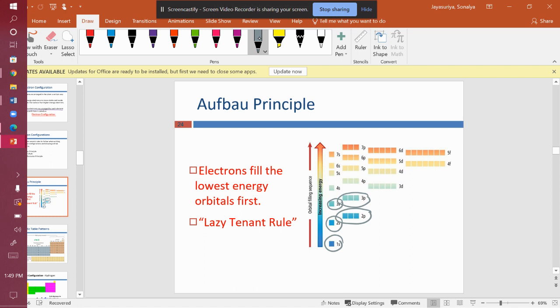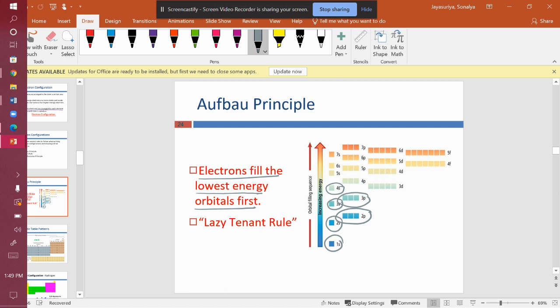However, before you go to the third energy level, D-type apartment, you have to fill the electrons in the fourth energy level, S-type apartment. Why? It's because the 4s energy level is actually slightly lower in energy than 3D. So you have to follow Aufbau's rule. Electrons fill the lowest energy orbitals first. So 4s gets filled before 3D.